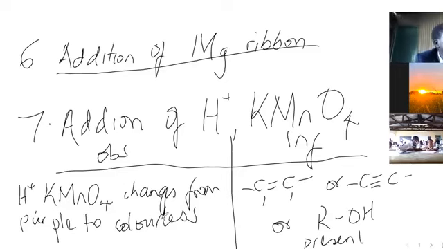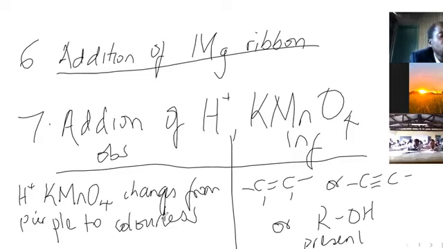The negative of that test is purple potassium manganate 7 remains purple. Potassium manganate 7 retains its purple color. And the inference would be those three are absent.